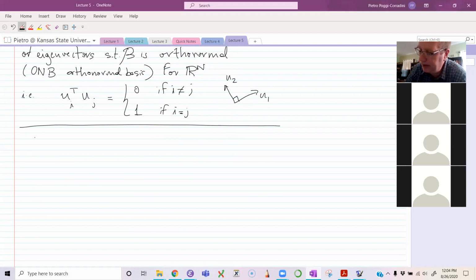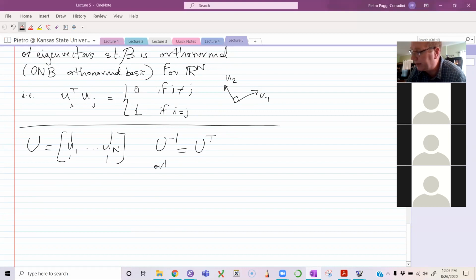So if we put these into a matrix U, then not only is this going to be invertible, but the inverse is going to equal the transpose. So that's going to be an orthogonal matrix.